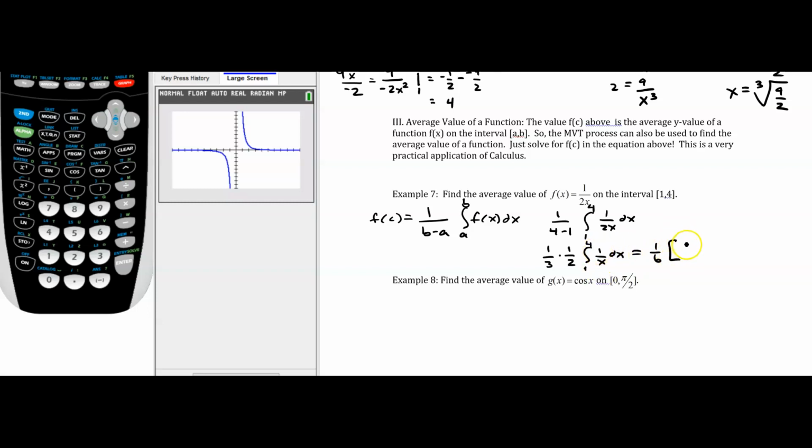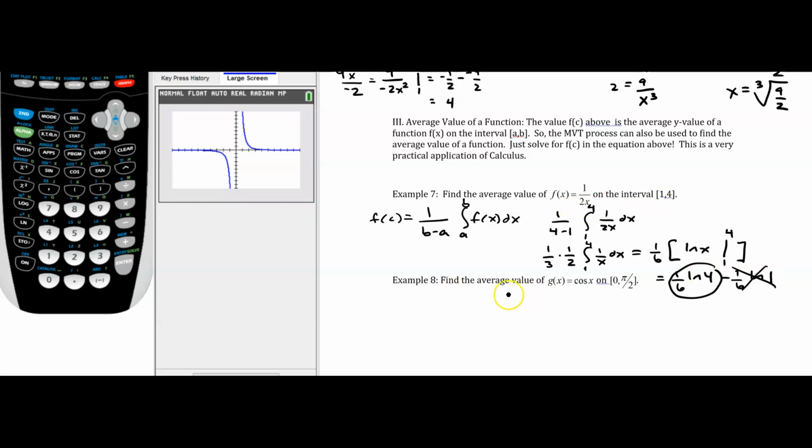Well, we know that is the ln of x. Let's plug in our upper limit, subtract what we get when we plug in the lower. And so we'll end up with 1/6 times the natural log of 4 minus 1/6 times the natural log of 1. But what is the natural log of 1? A lot of you know that that's equal to 0. So this term kind of gets wiped out. So this ends up being our answer. So this is the average y value of this function on this interval.